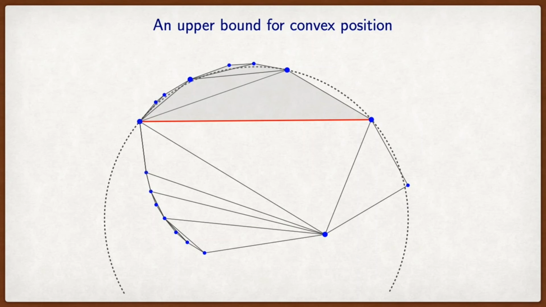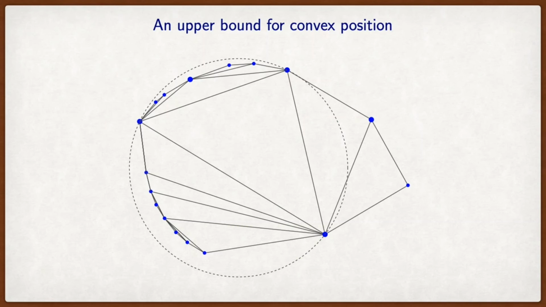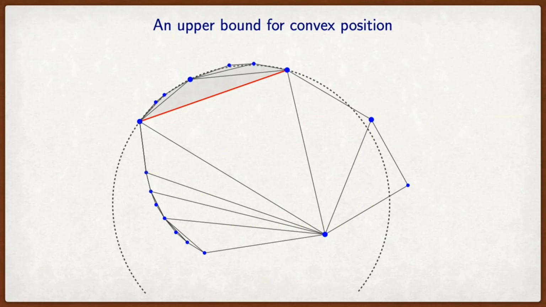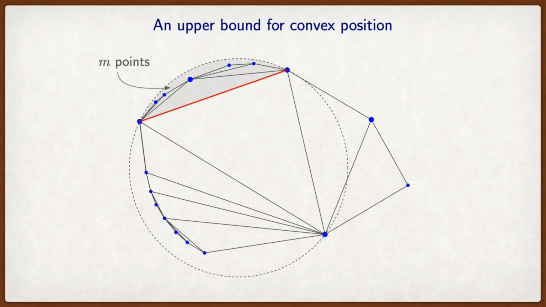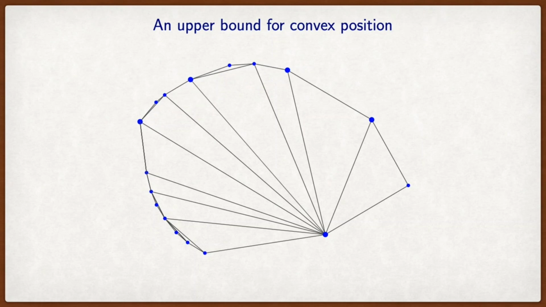Now, we flip such edge, and the resulting triangulation will be an order 2K-2 triangulation, but not an order K triangulation. Now, we use an induction on the number of points in the gray area, and we show that with at most m-1 illegal edges, we can reach some other order K triangulation of such point set.